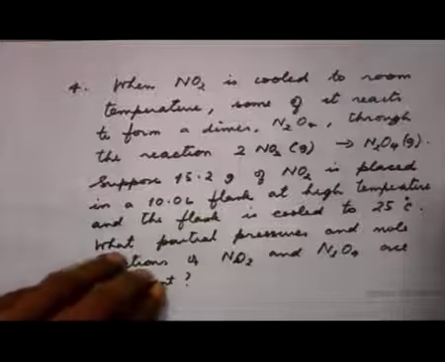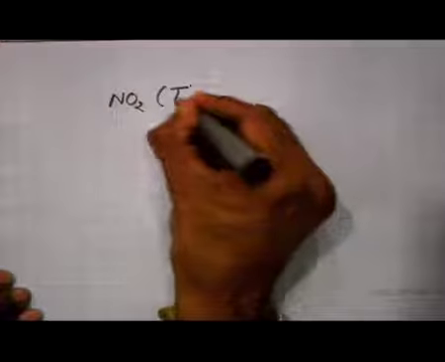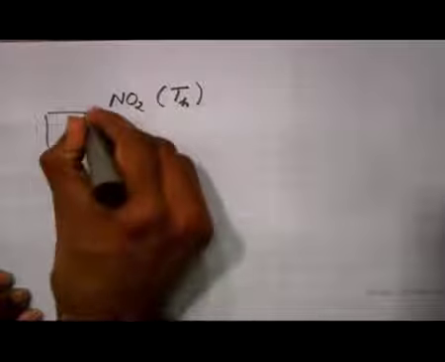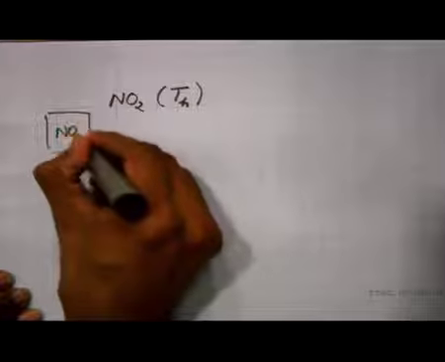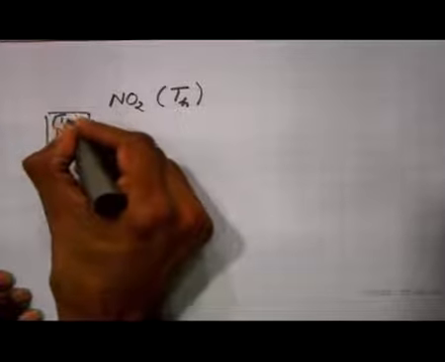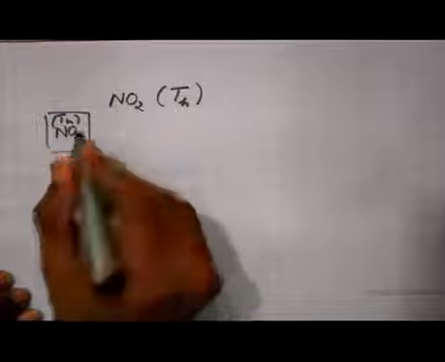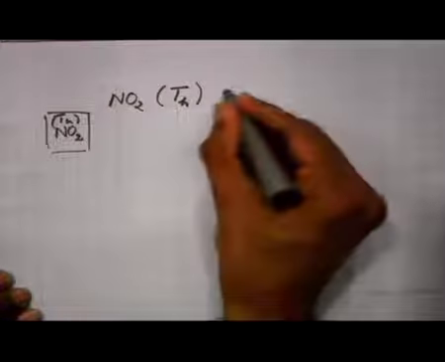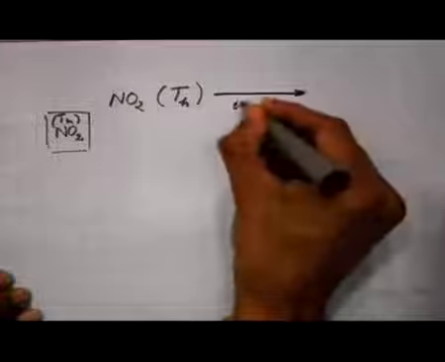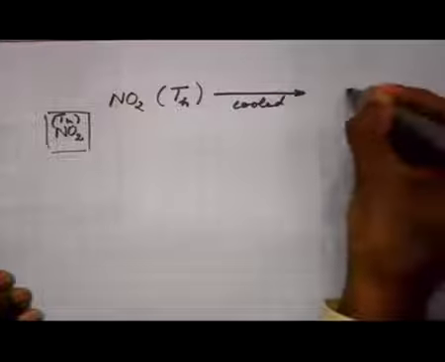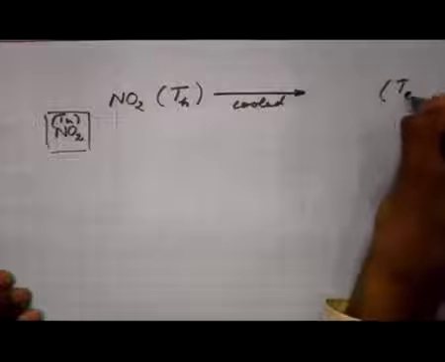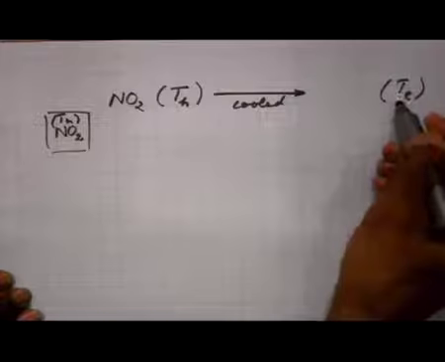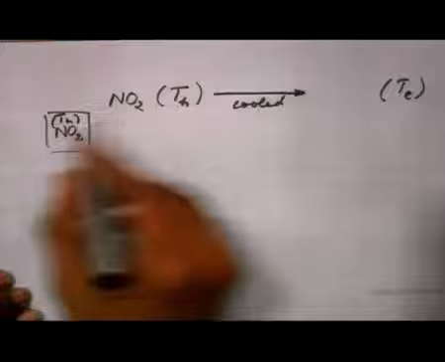So, let us try and understand this question first before we do the numerical computation. Let us imagine that we have NO2 at T high. So, in your container at a high temperature, which I have called T high, you only have NO2, and when we cool this, the temperature becomes T low, and when it reaches a lower temperature, you have a mixture.